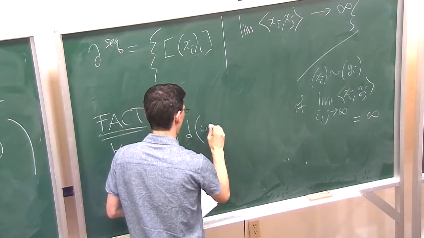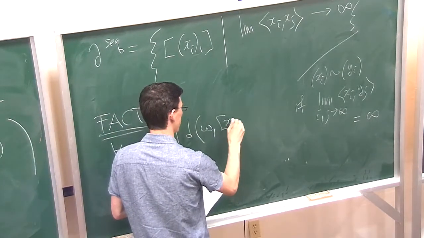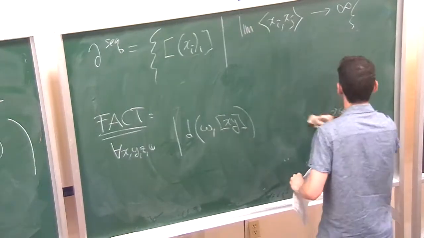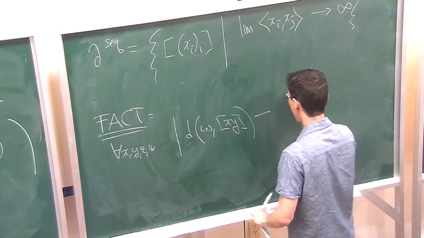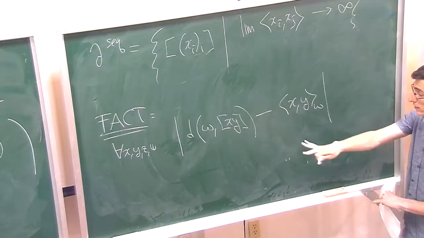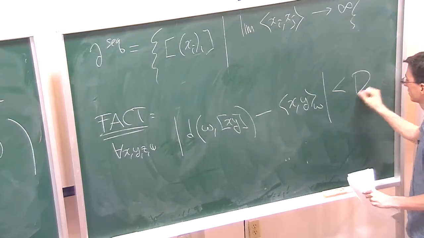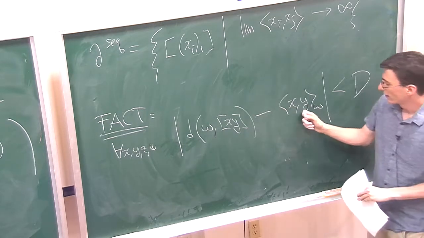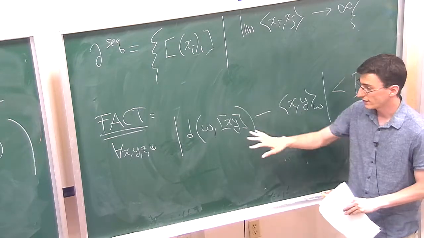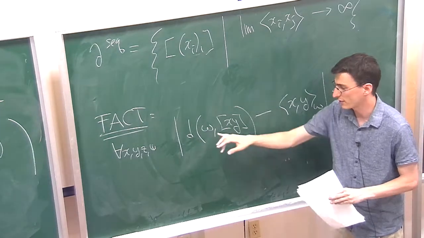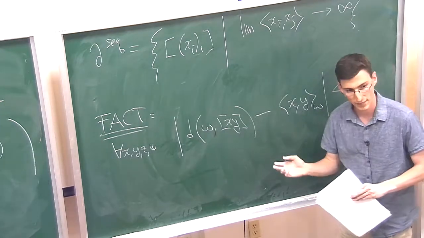So here I'm at a base point going to some geodesic, and I want to compare this to the Gromov product, minus. There is a bound; this thing is small, or bounded. The main point is, if this product goes off to infinity, then the projection from W to this geodesic also gets big.